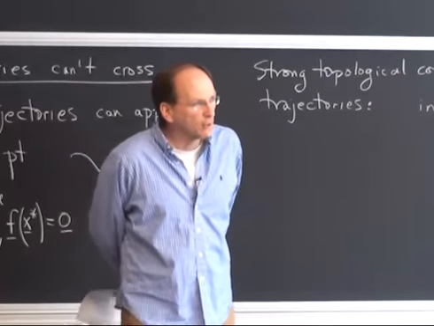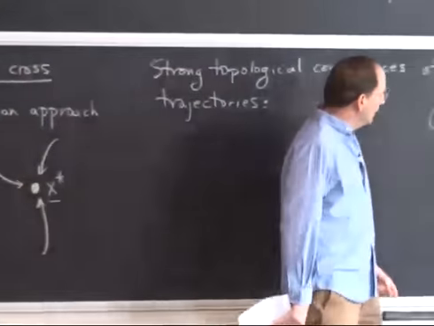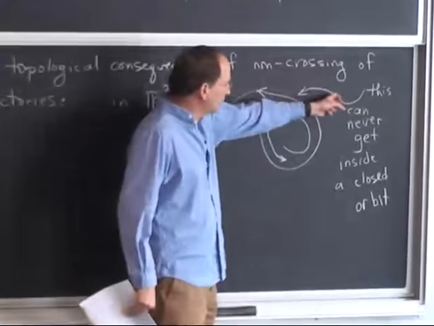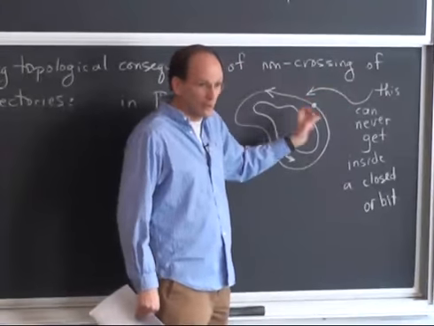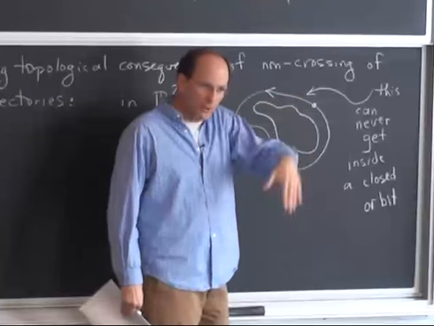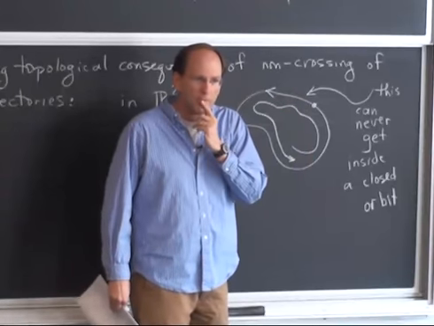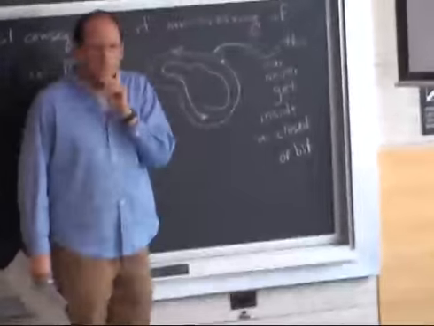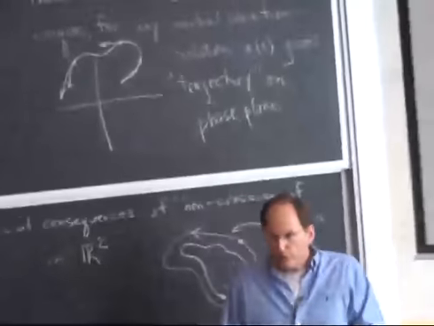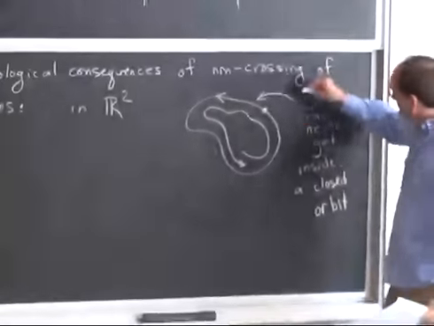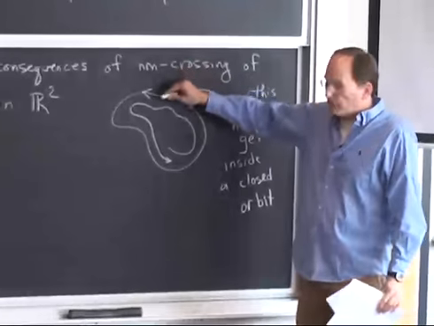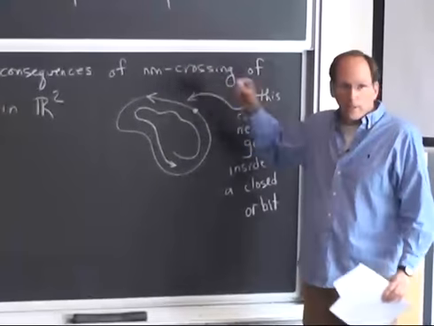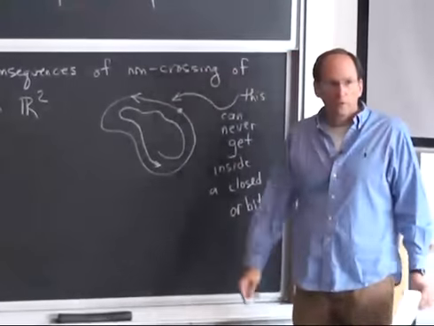Let's see if I understand the question. The question was, is it possible that by changing the system slightly, the trajectory that was approaching the closed orbit could merge onto the closed orbit? Yeah, like actually truly get onto it? That's not possible. That would also violate uniqueness, because if this trajectory could actually merge onto the closed orbit, then think about the first point where it merged, and then imagine running time backwards.